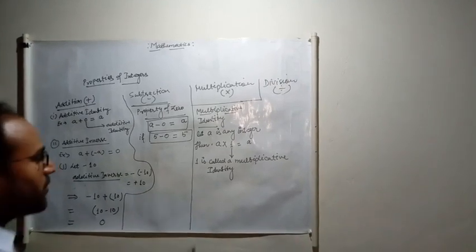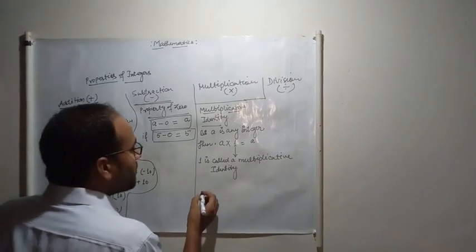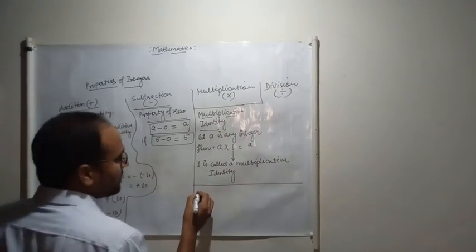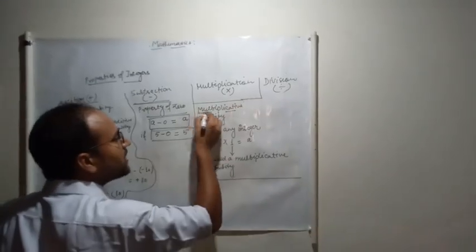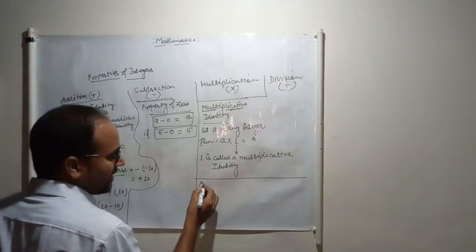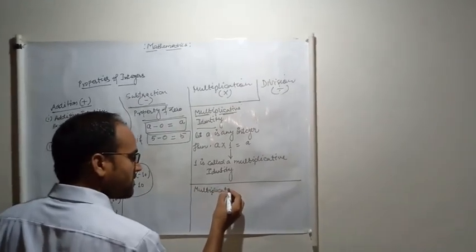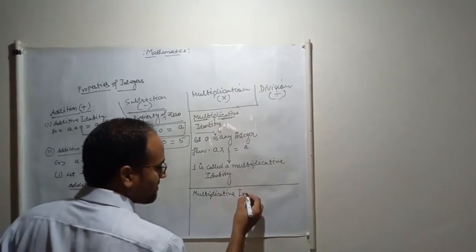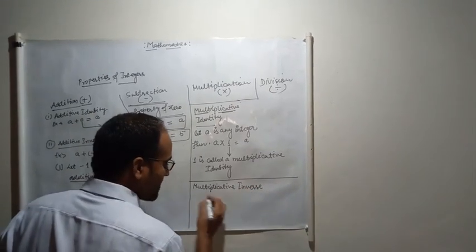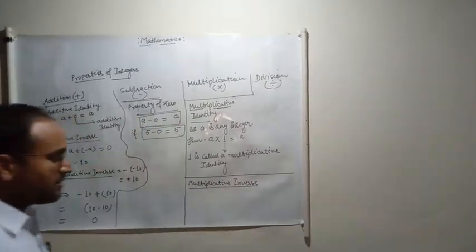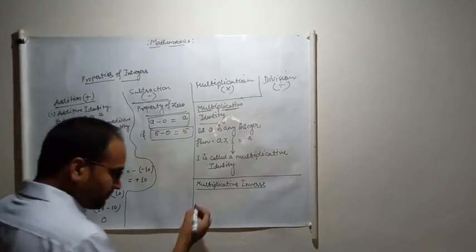Next property is the multiplicative inverse. That is very special, students. This is the multiplicative identity, and that one is the multiplicative inverse. You will see it very carefully.